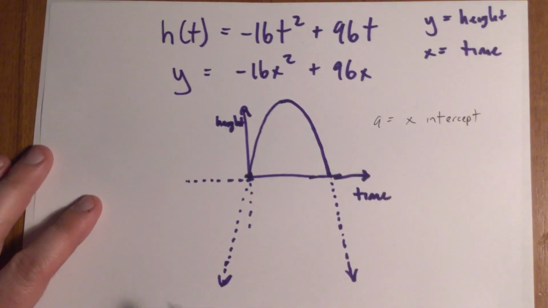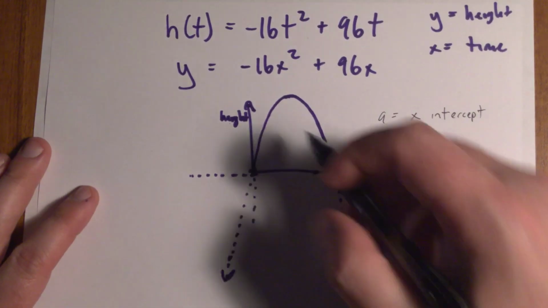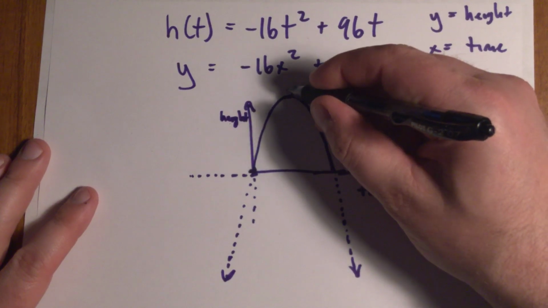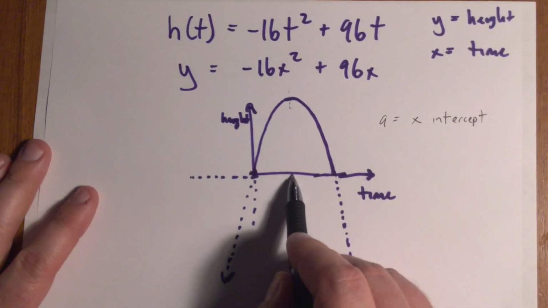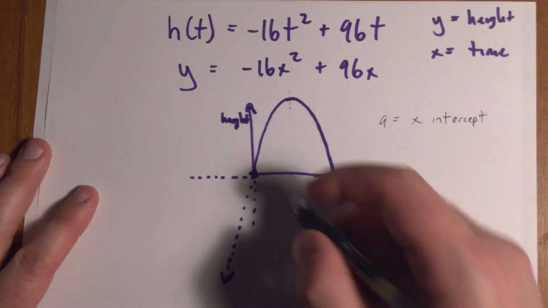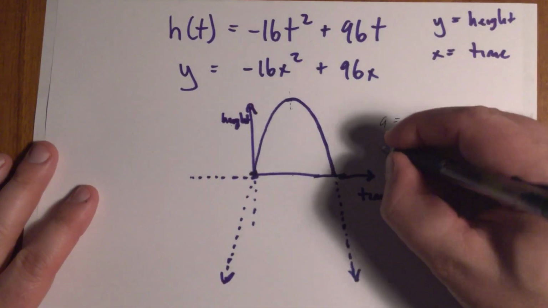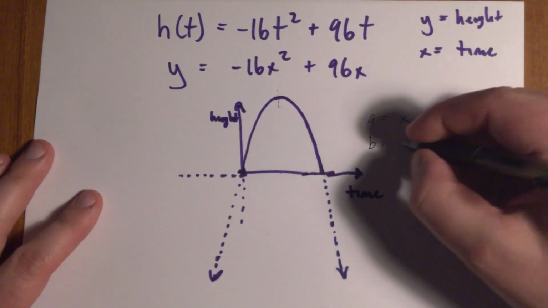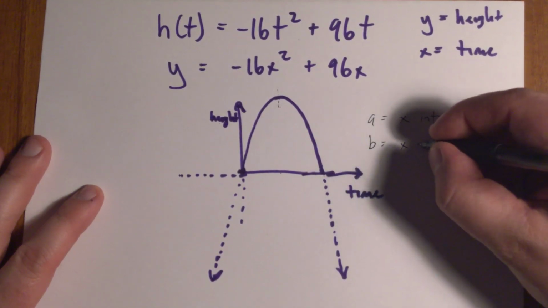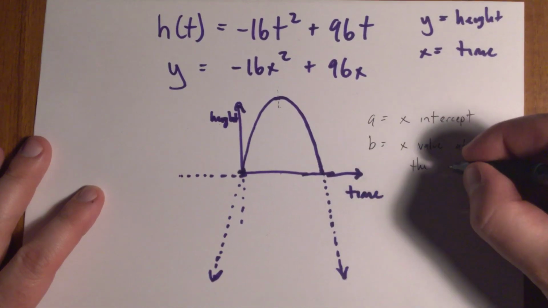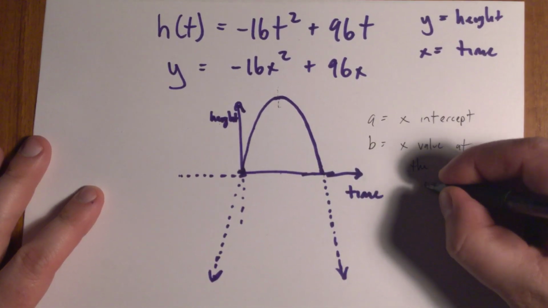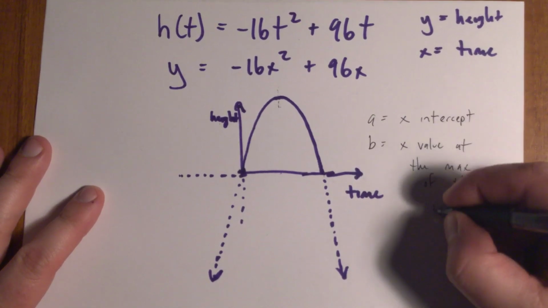How long will it take the soccer ball to reach its maximum height? When the ball gets to its maximum height, how many seconds was that? What's the hang time, or whatever you want to think of it as? So for B, I'm looking for the x value at the max of the parabola.